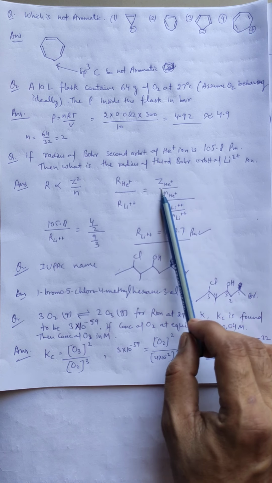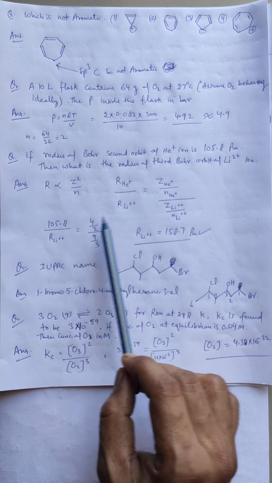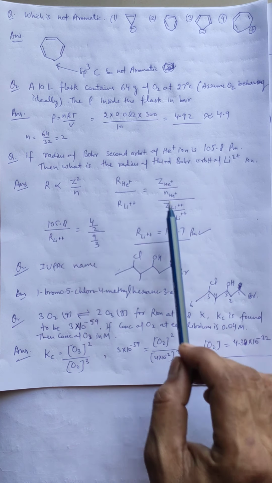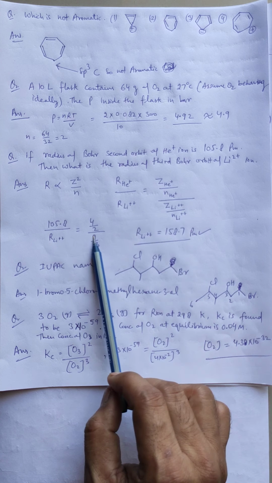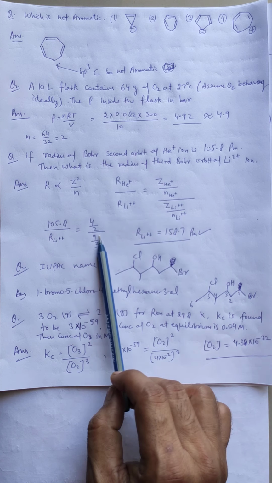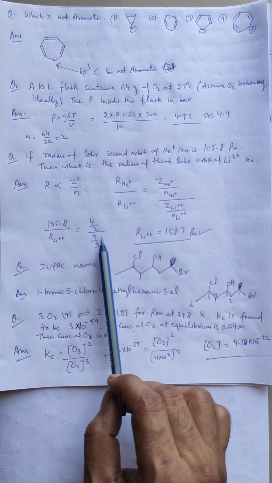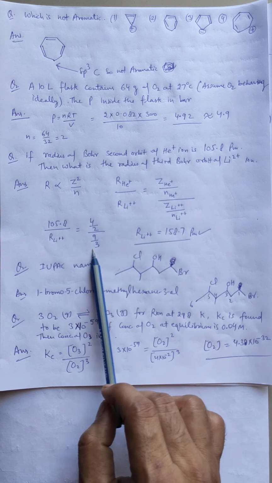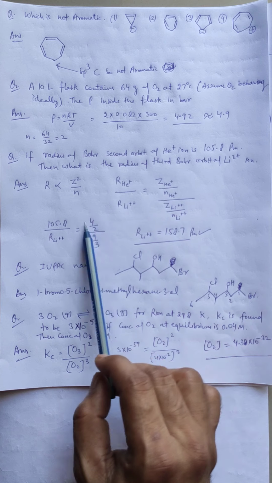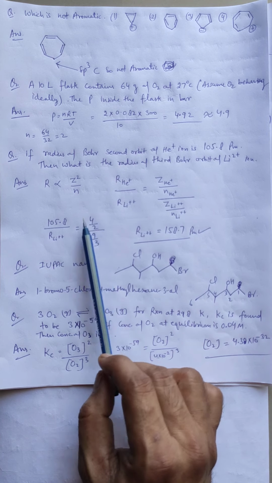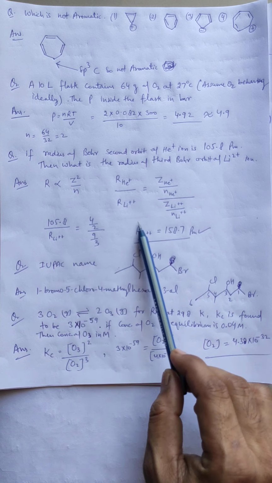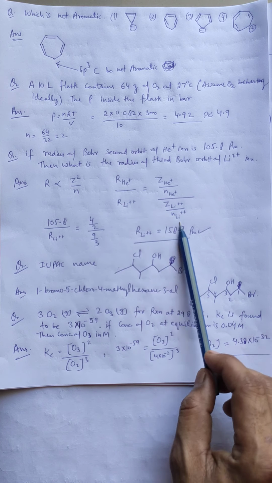Atomic number of lithium is 3, square 9, and here the lithium shell is given as 3. Atomic number of helium is 2, square 4, and for helium it is the second shell. So the calculation gives the radius of Li2 positive as 158.7 picometer.